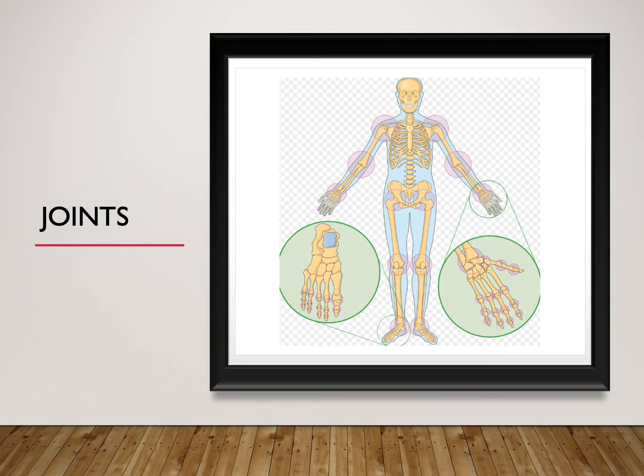What are joints then? Bones are linked together at the joints and movements are caused by muscles at the joints. In this picture, you can see marked in circles are the joints. For upper limb, shoulder joint, elbow joint, wrist joint and joints of hand and fingers.